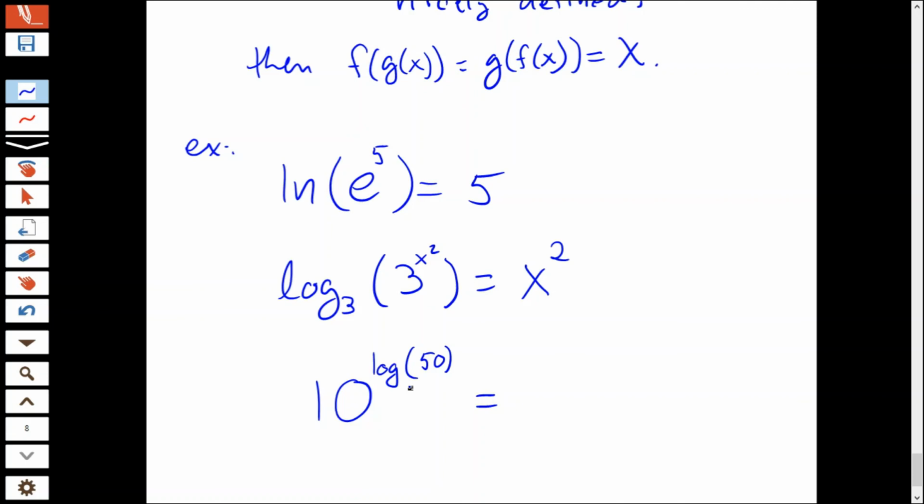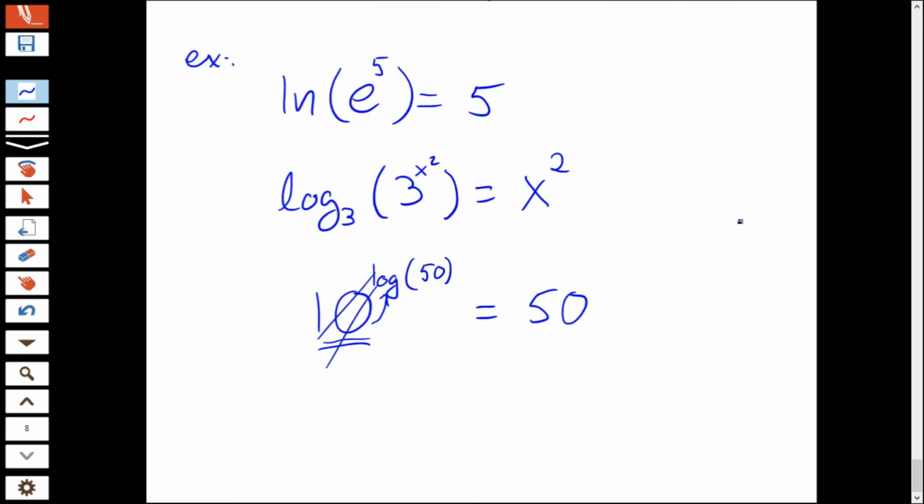Now raise 10 to that power. 50 is going to come out, right? We just said 10 to the what equals 50. Now raise 10 to that power. You're going to get 50. So notice how the exponential 10 to the power and log base 10 kind of cancel each other out, leaving you with just 50. Problem is you need to make sure you are defined.